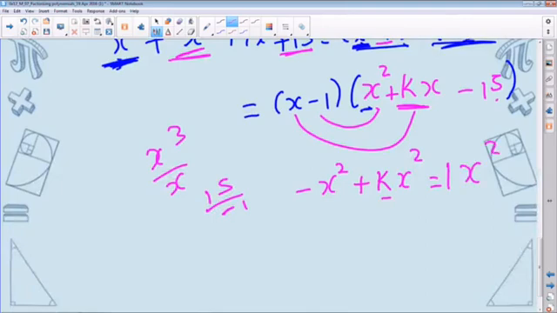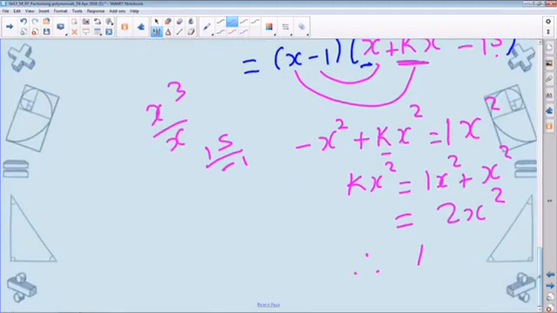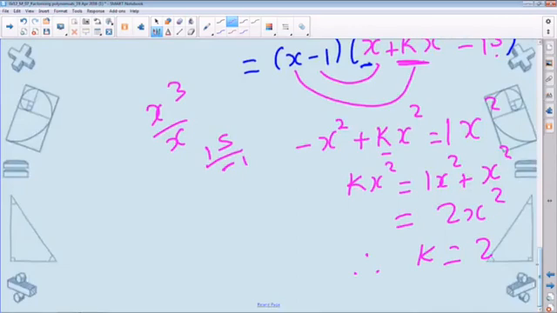And I simply solve for k. So I'm going to say kx squared minus x squared is equal to 1x squared. Take your minus x squared over to the right hand side, so it becomes plus x squared. So kx squared is equal to 2x squared. Therefore, k must be equal to 2. So therefore, my quadratic bracket here is x squared plus 2x minus 15. And then you need to factorize that completely.